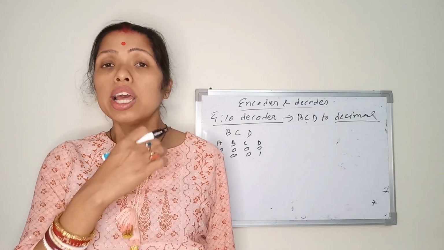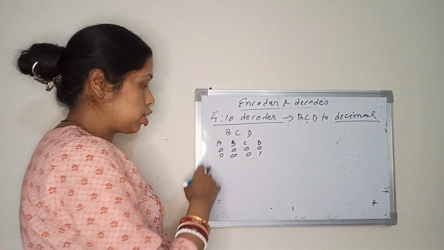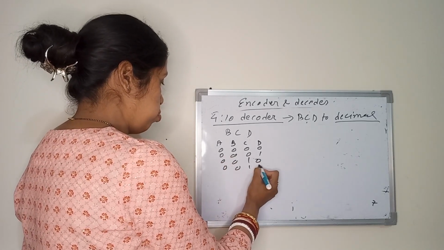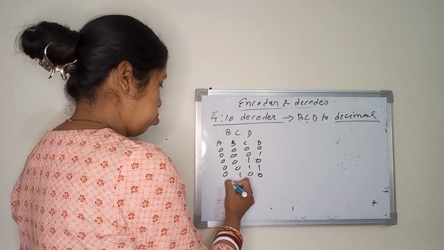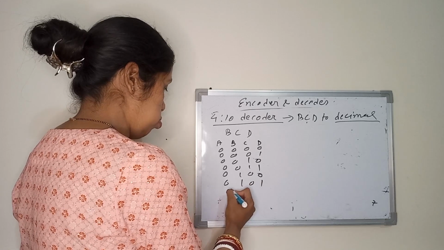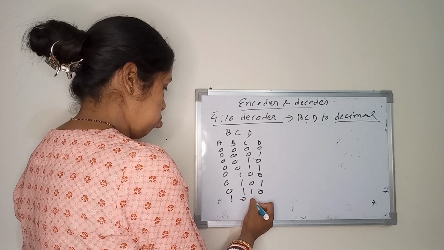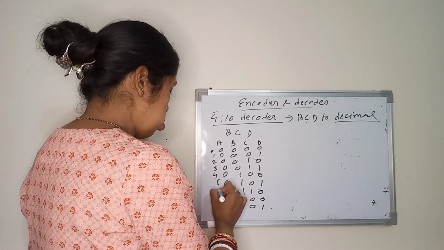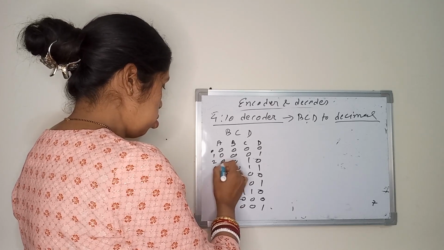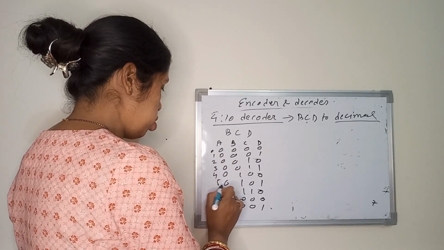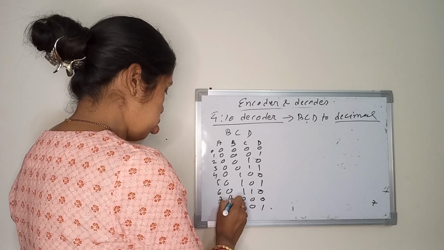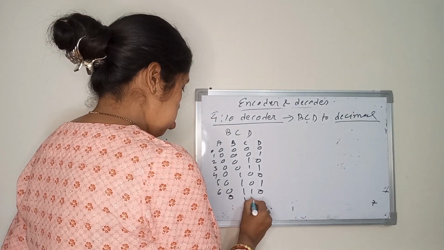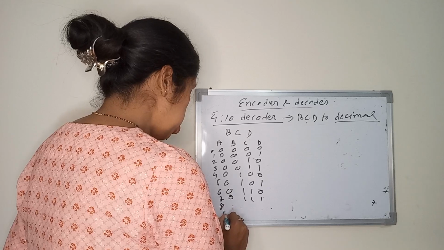Sorry, I will only write the 10 combinations from 0 to 9. So I am writing this here: 7, 8, 9.